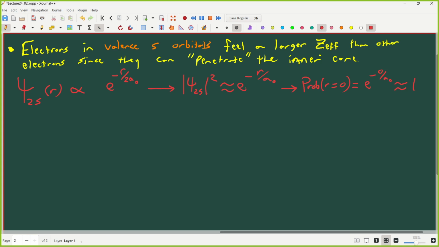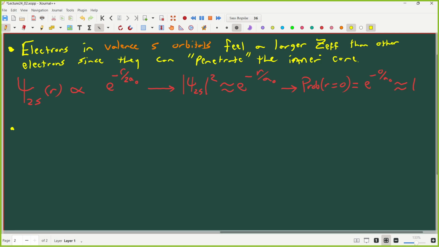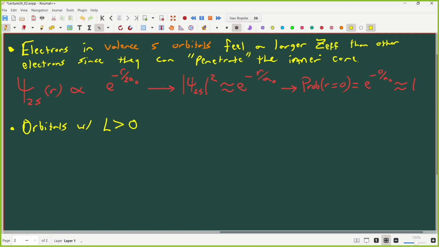Now, what about electrons that are in p and d orbitals, for instance? Well, what do we know about orbitals with L greater than 0, or electrons that have angular momentum?